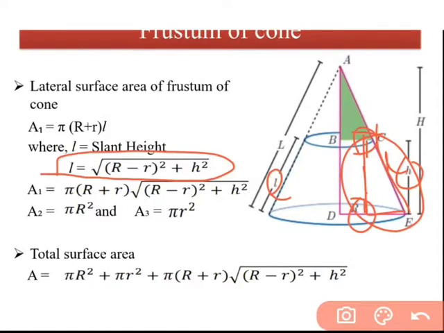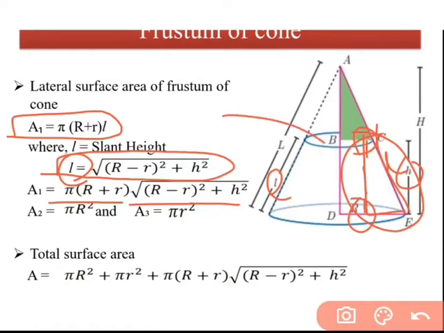So we put the value in the equation of surface area A1, so pi into (capital R plus small r) into slant height, that is small l. Second, find out the surface area A2, that is this portion. We know that the area of a circular part is equal to pi r square.